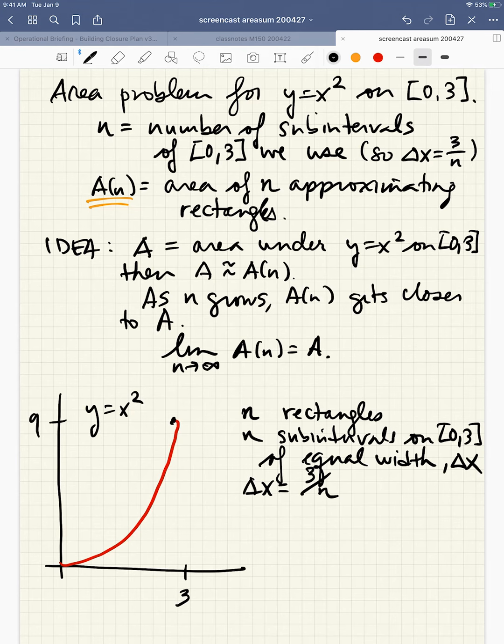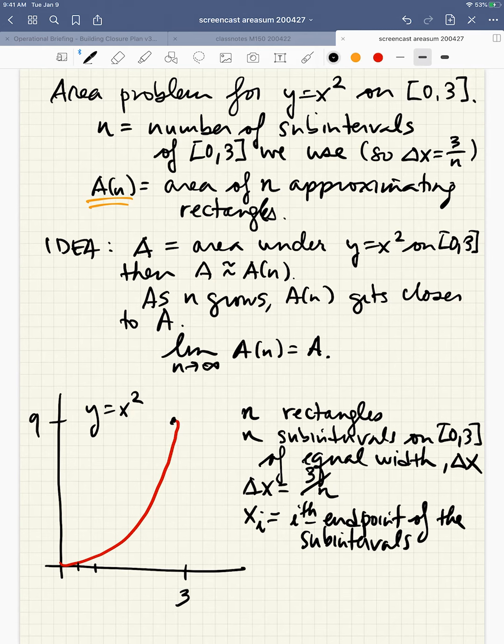So let x sub i be the ith endpoint of the subintervals.